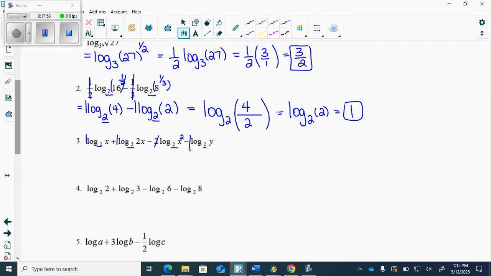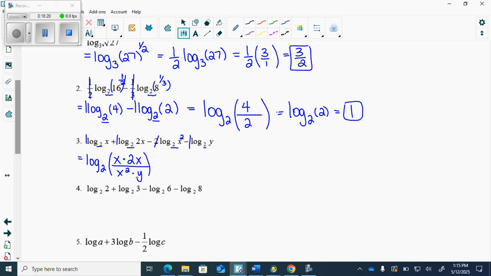So, I'm going to get log base 2. Anything with a plus 1 goes in the numerator, anything with a minus 1 goes in the denominator. So I'm going to get an x in the numerator, a 2x in the numerator, and then I'm going to multiply them. Then I have a minus 1 in front, so x squared goes in the denominator, times the minus 1 in front, y goes in the denominator.